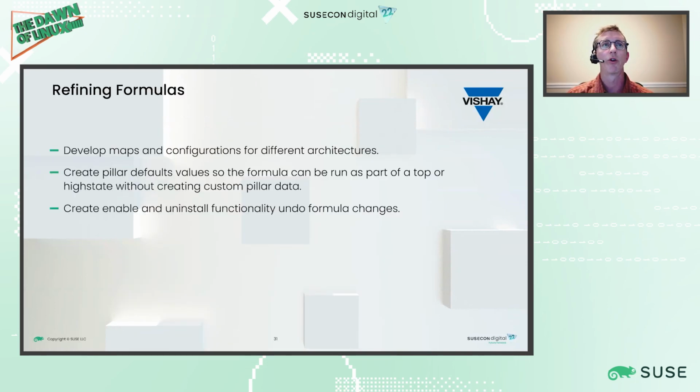To further refine the formulas, you can get into adding things like maps and configurations that are specific to certain architectures that may not necessarily be in by default. This is good if you have a platform or multiple platforms within your SUSE Manager, whether it be different OSs, but you still want to use the same pillar metadata and formulas.